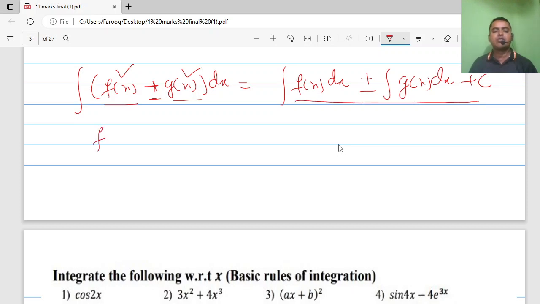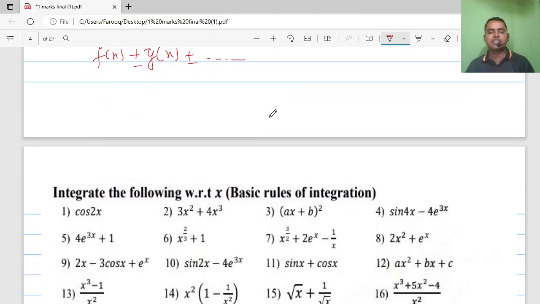This continues for all cases. These are the basic rules for integration.